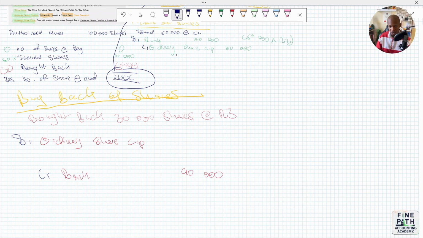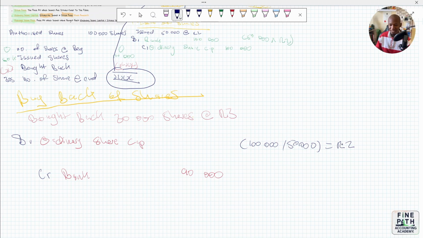Continuing with our example, the issued shares at this point were 50,000, and the total ordinary share capital was 100,000. So we say 100,000 divided by those 50,000 issued shares, and we get the average share issue price of 2 rands.